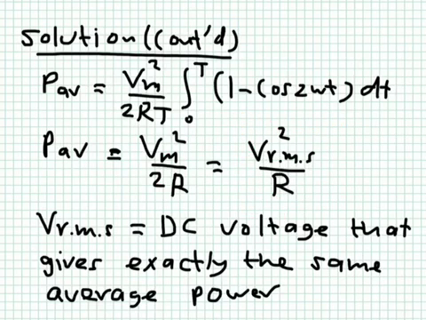So now we were able to show that the average power delivered by a sinusoidal signal is equal to the power delivered by a DC source with value equal to Vrms. So Vrms is really an equivalent DC voltage that gives exactly the same average power. This is why the term Vrms is good, because it simply takes us back from an AC to a DC signal. It supplies exactly the same average power as if this is a DC problem.